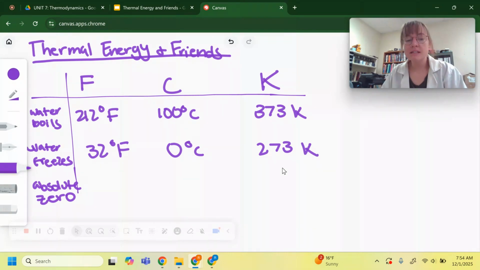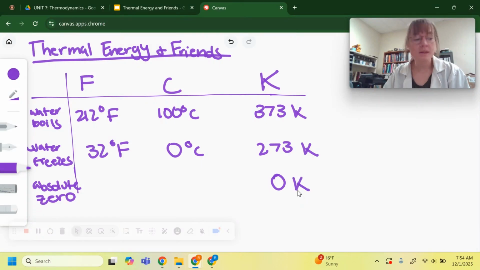Kelvins are based on the point at which the particles in a substance would have 0 kinetic energy. In other words, 0 Kelvin happens when the particles are not moving at all. If they are completely and totally still, we have 0 Kelvin. So that is the basis for Kelvin.